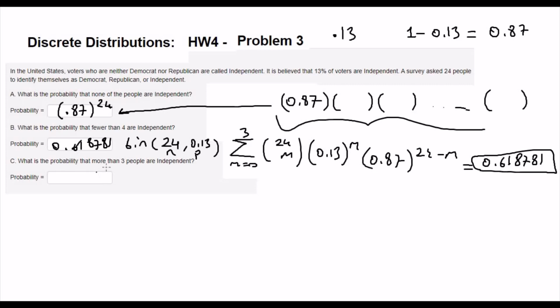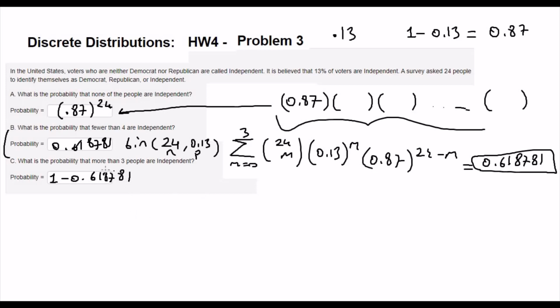So what is the probability that more than 3 people are independent? This is the complement of b, so that is 1 minus 0.618781. Or you can do it like this.